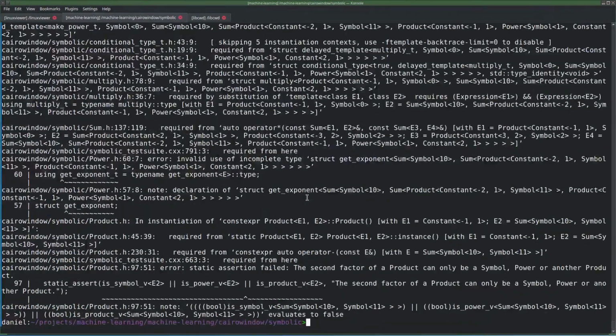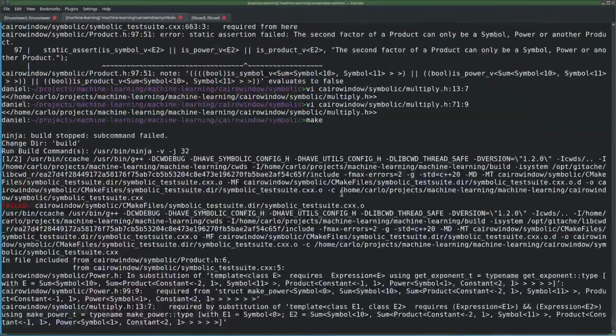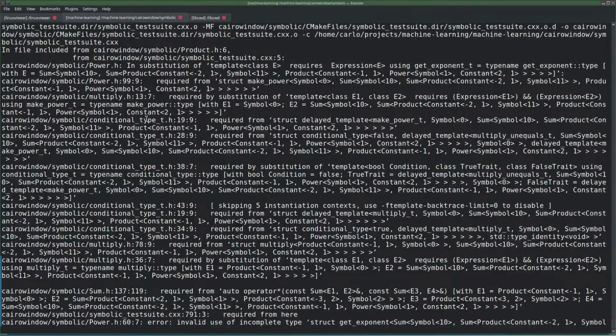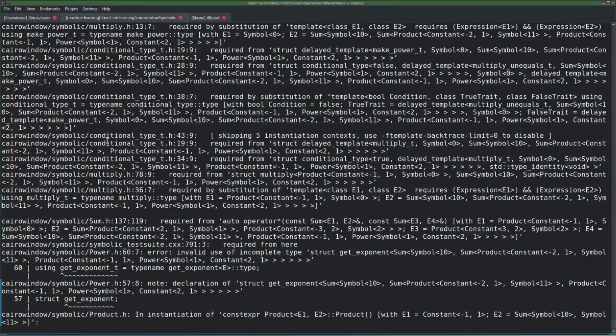Yep, so the error is the same, and required comes from here.